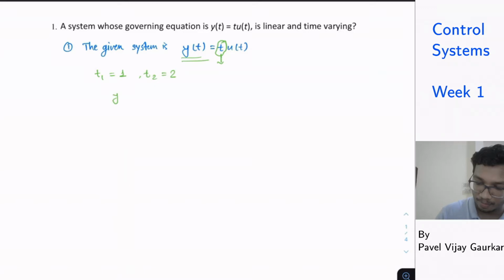If we give the same input, say u1, our y1 of t will end up being u1 and our y2 of t will be 2 into u1. So this implies that the output of the system depends on the time.